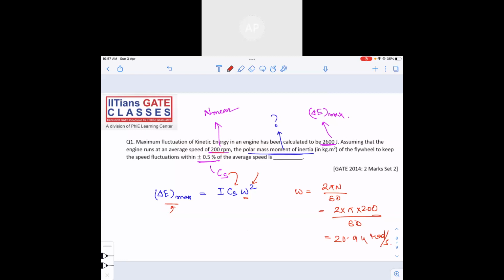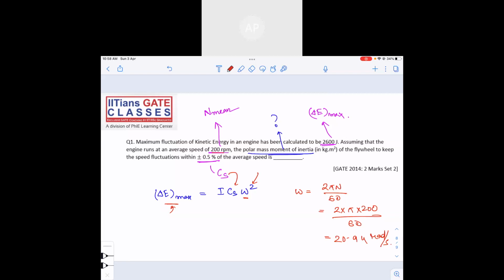Percentage means divided by 100. If I'm saying 5%, this is equal to 5 divided by 100. Per means divide, cent means 100. Otherwise, there is a possibility that you make a mistake in the number of zeros. If you make a mistake in the number of zeros, you will not get the right answer.